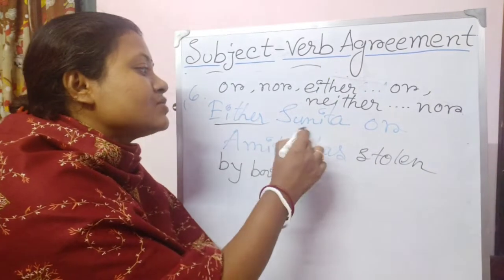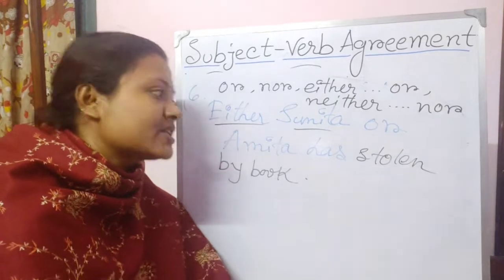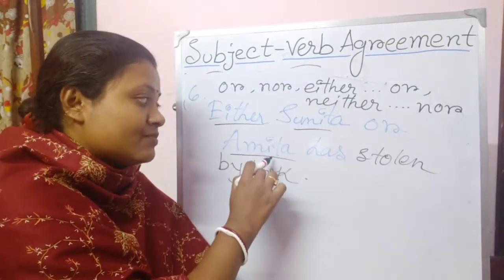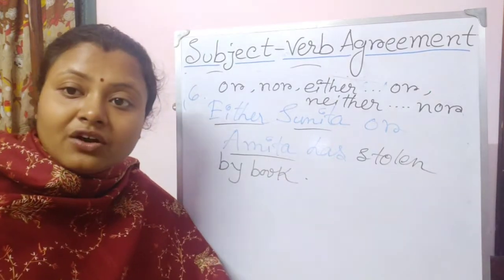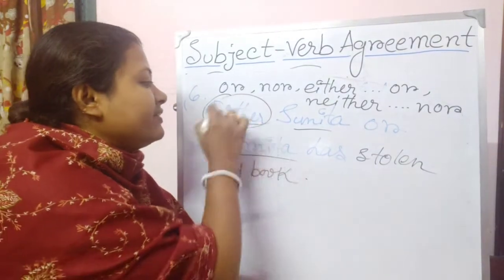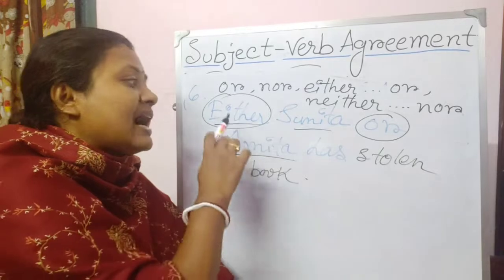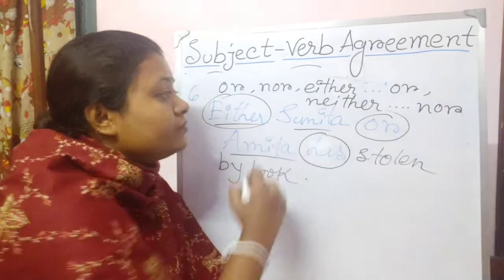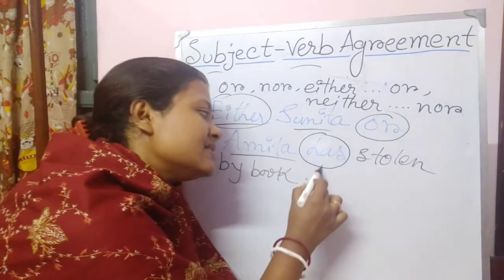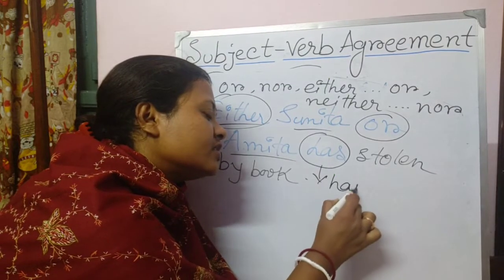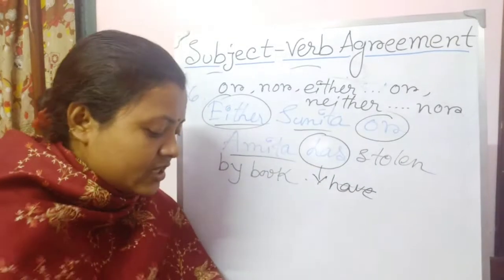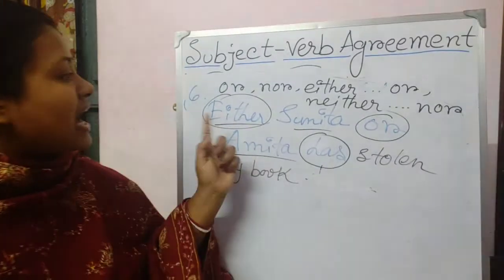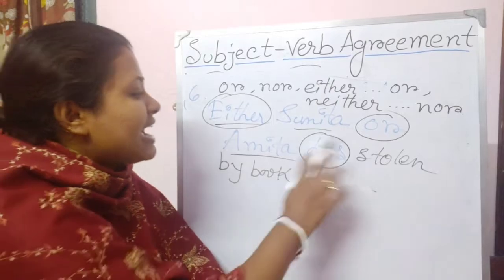Sunita is a singular subject, Amita is a singular subject. These two subjects are joined by either or. So that is why singular verb will follow. Singular verb means has. You cannot write over here have. If you write, then it will be wrong. Okay, students.